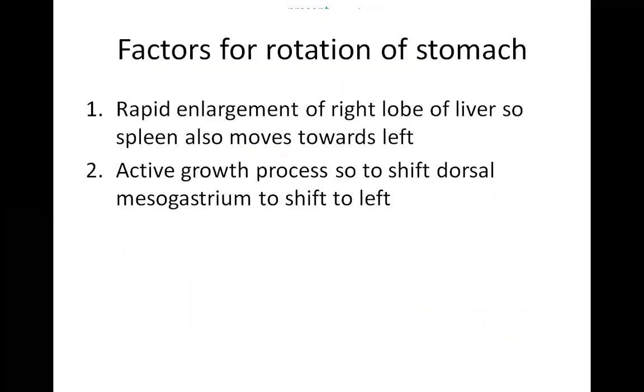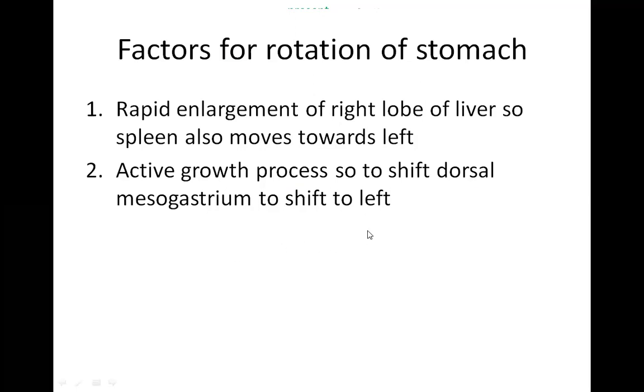So what are the factors which lead to the rotation of the stomach? Firstly, as I told you, there is a rapid enlargement of the right lobe of the liver, and the spleen also moves towards the left side. To accommodate this enlarging liver, the stomach has to go through this 90-degree rotation. Then there is an active growth process which causes a shift of the dorsal mesogastrium towards the left side.